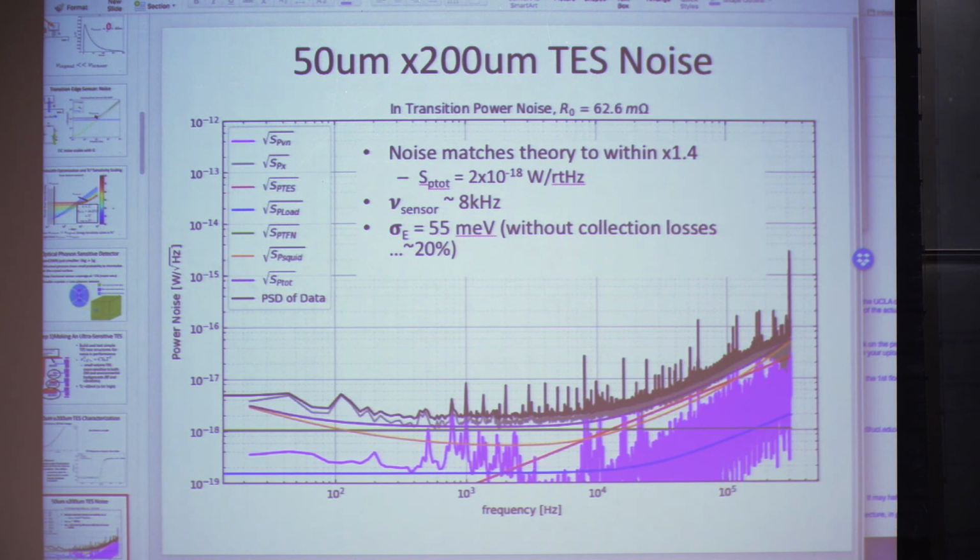So this device, which is really, really big, a 200 micron by 50 micron TES, is giving us 55 milli-eV energy resolution. And we could hopefully drop the TC from 70 millikelvin down to something like 40 millikelvin.